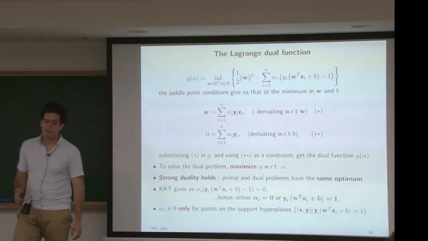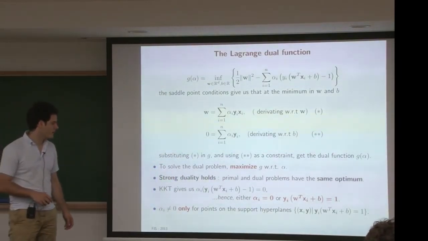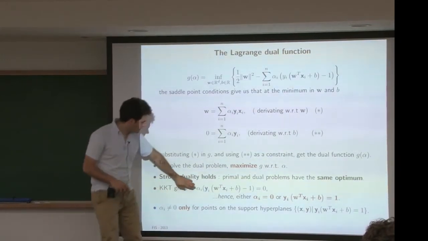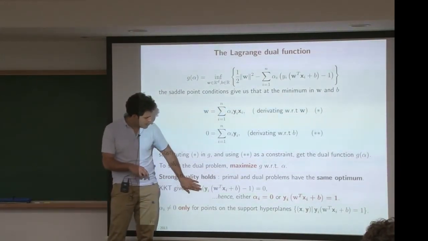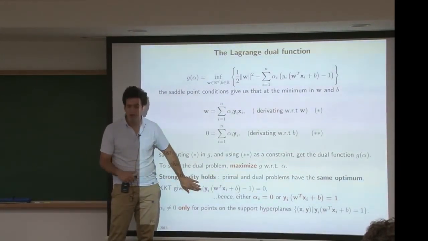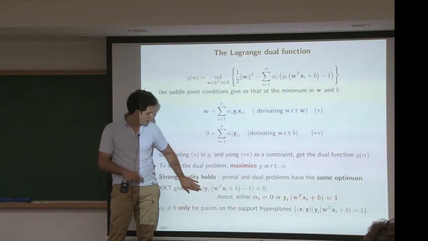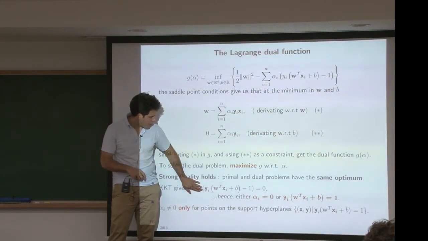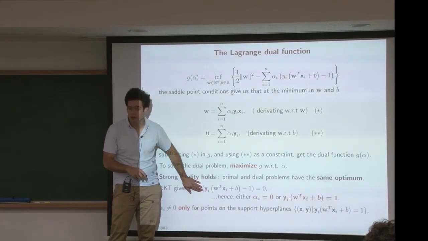So what does it mean? Let's think about what this means in terms of our original data. If this is equal to 0, what does it mean? Well, it means that the point xi is on the tube. Okay? It means exactly that yi (w transpose xi plus b) equals 1.